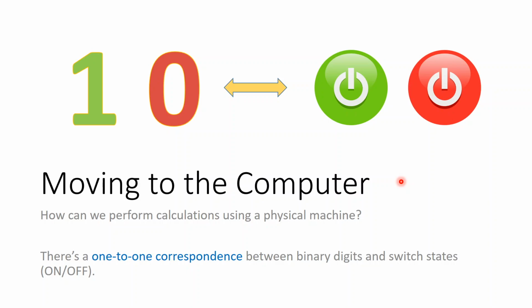So there is a sort of assignment that we have to do. If we assign the on state of a switch to the binary bit 1 and the off state of a switch to binary bit 0, then we have a particular system of assignment, and that system is called the positive logic system.